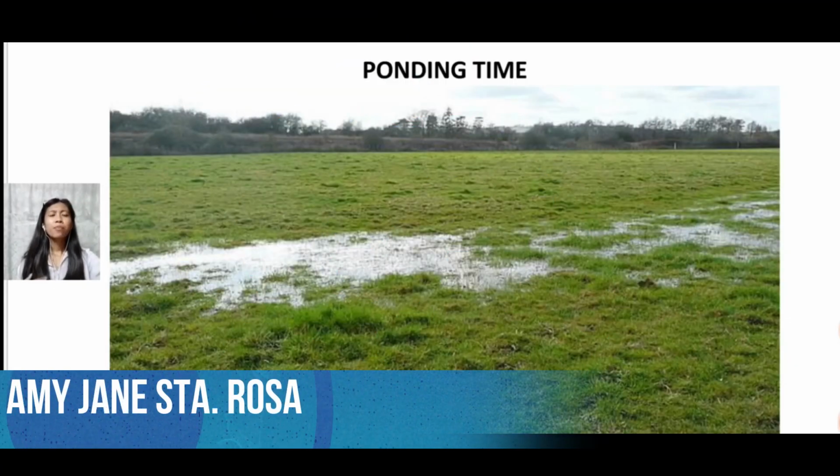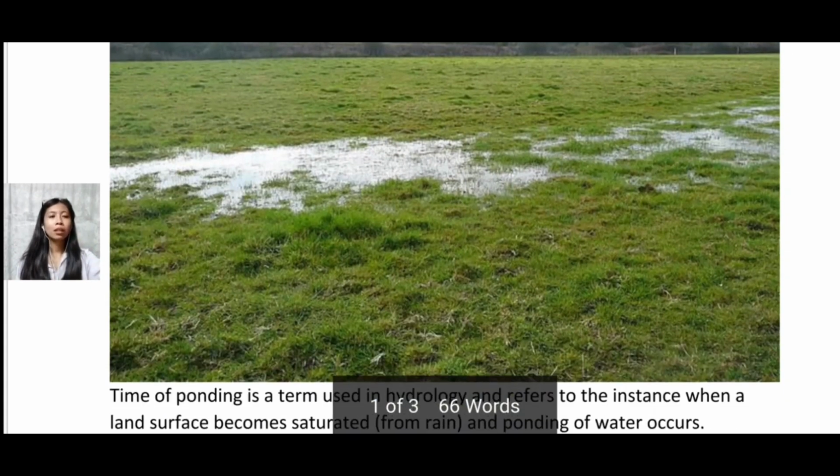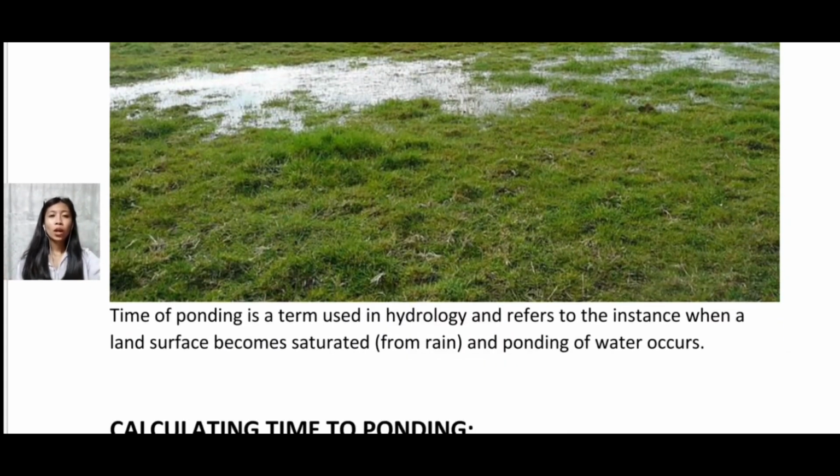Hi. Before we proceed to this discussion, let's have a recap or review of the previous discussion about ponding time. The definition of this, what does it mean? When we talk about ponding in hydrology, it refers to the instance when a land surface becomes saturated from rain and ponding of water occurs.